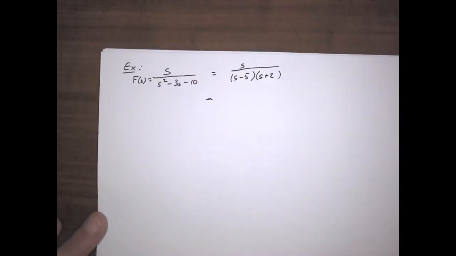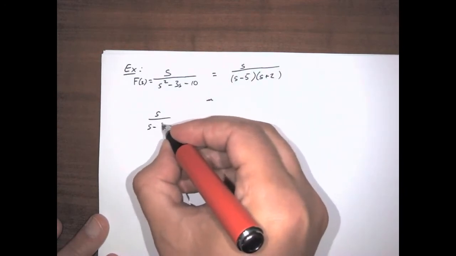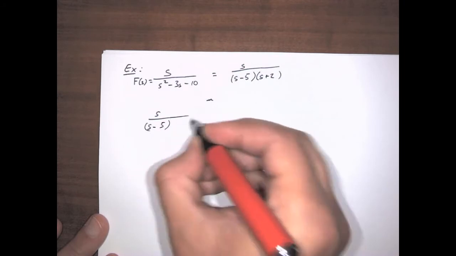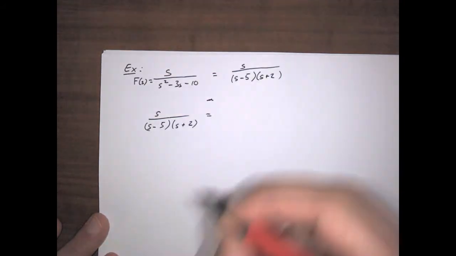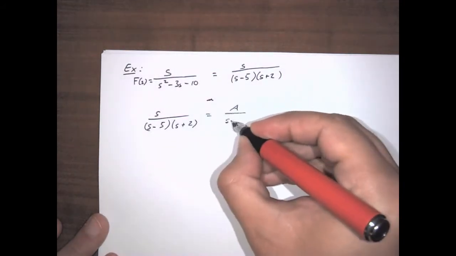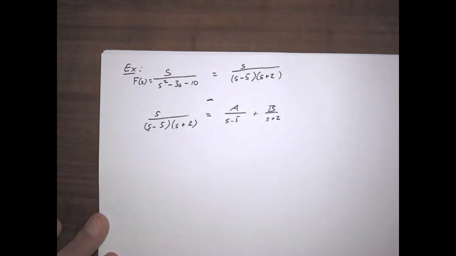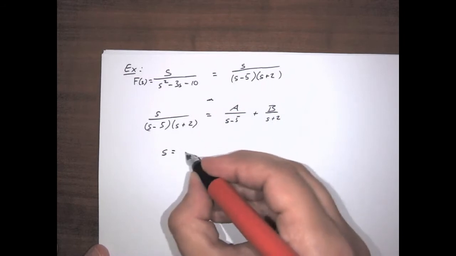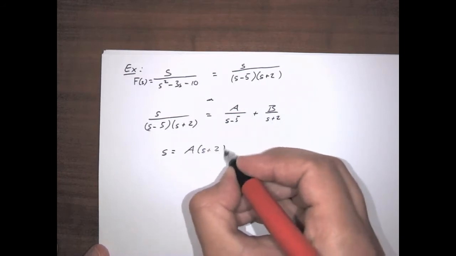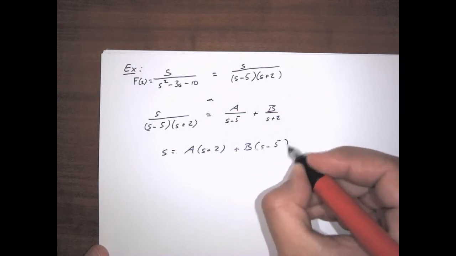So then, if we want, we can break this into the two terms that the technique of partial fractions will lead us to get. So this is going to equal some mystery a over s minus 5 plus a mystery b over s plus 2. Which means then that s is equal to, on the one hand, a times s plus 2 and b times s minus 5.